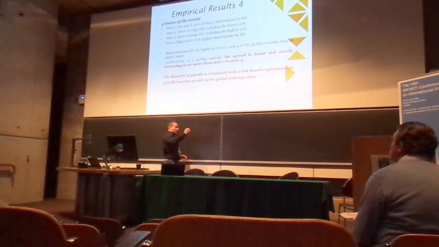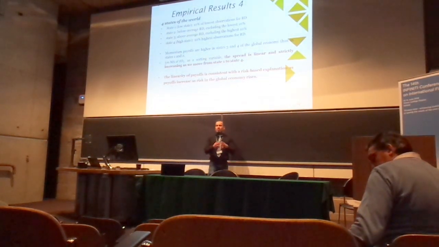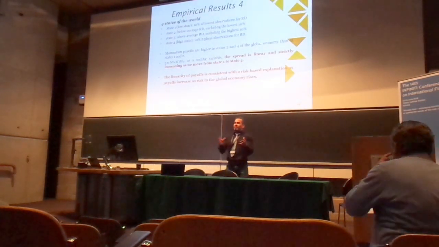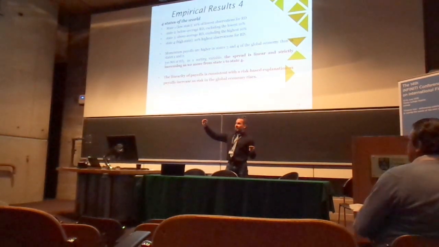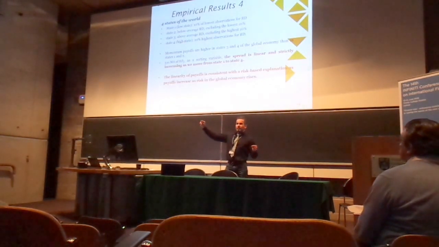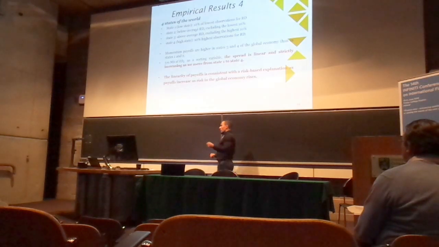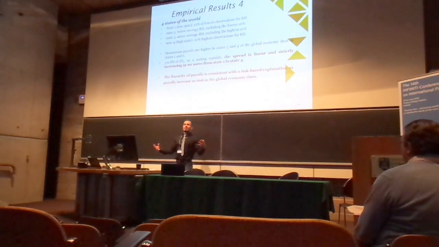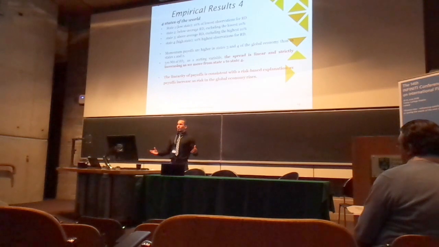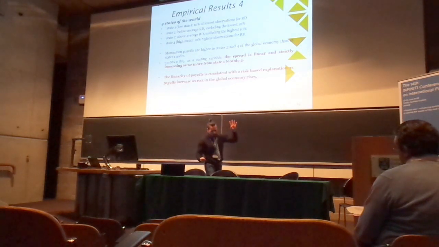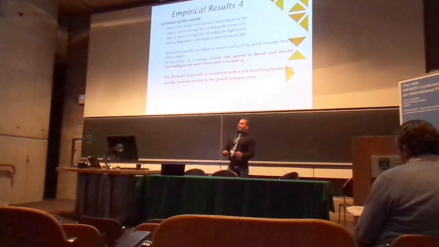What we did then, we wanted to see whether the spread of the momentum anomaly is really monotonically increasing as the risk in the economy increases. In doing so, we followed an approach from the Sun 2005 paper. So we divided the observations of cross-sectional currency return dispersion into 4 states of the world. In the first state, we have 10% of the observations where the dispersion has the lowest values.